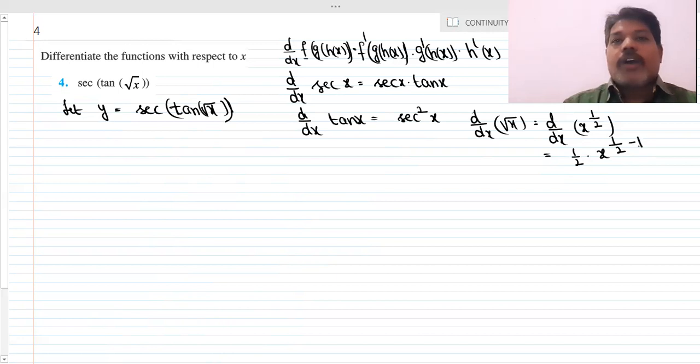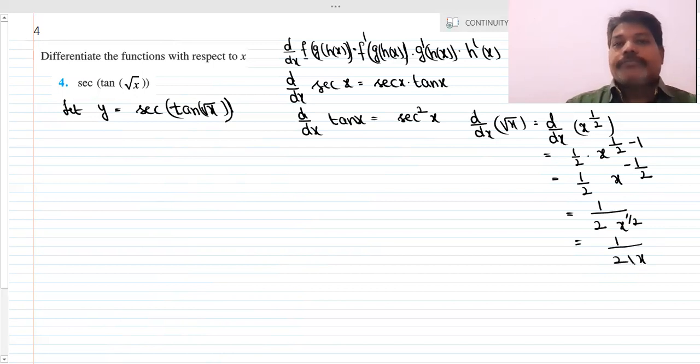So it becomes 1 by 2 into x power 1 by 2 minus 1, which is x power minus 1 by 2. Taking it into the denominator, it becomes 1 by 2 root x.